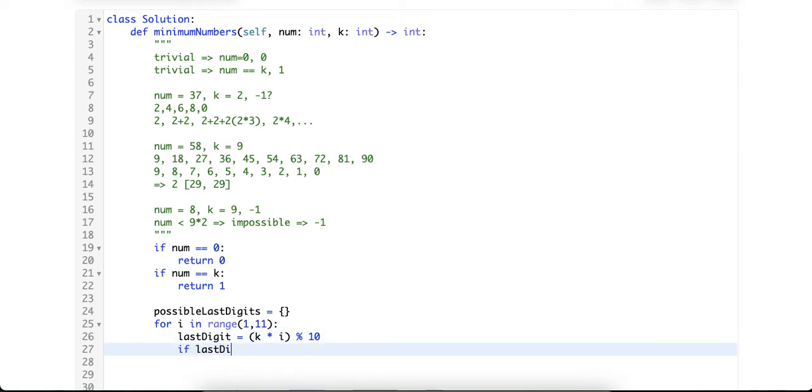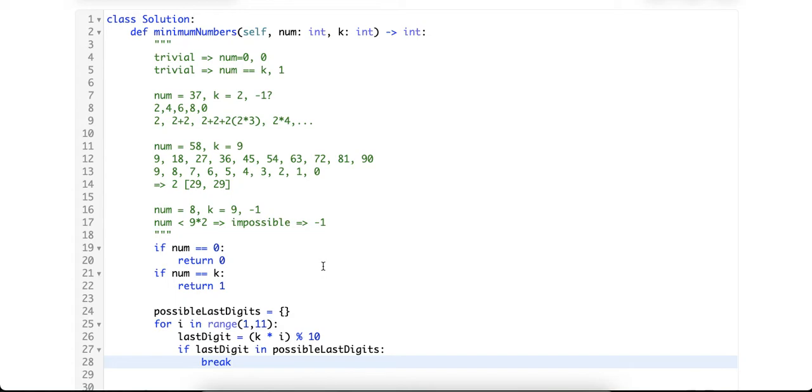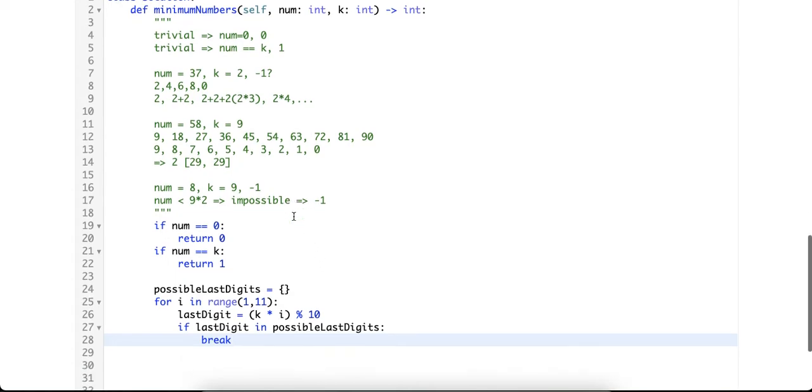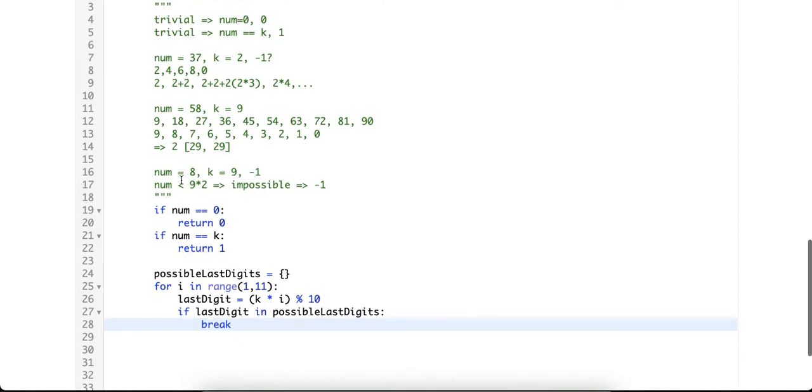If last digit is in possible last digits already, we break because we already made the repetition. Because it's not always that you need to get into 10 to actually get a repeated number. For example, like 2, you only need 1, 2, 3, 4, 5, and you already get a repeated one at the 6th point. So you can always break early, but you cannot get worse than 10.